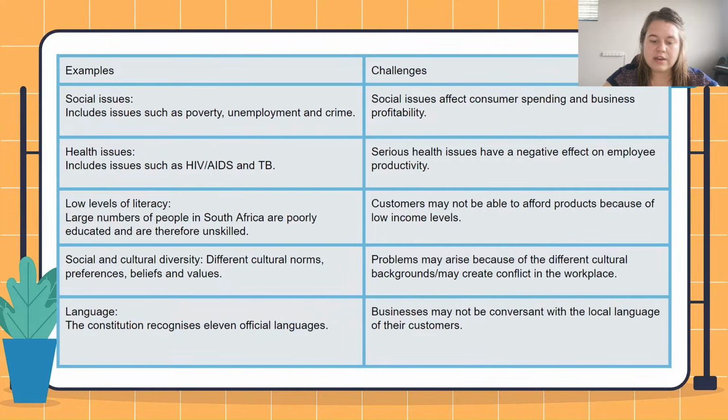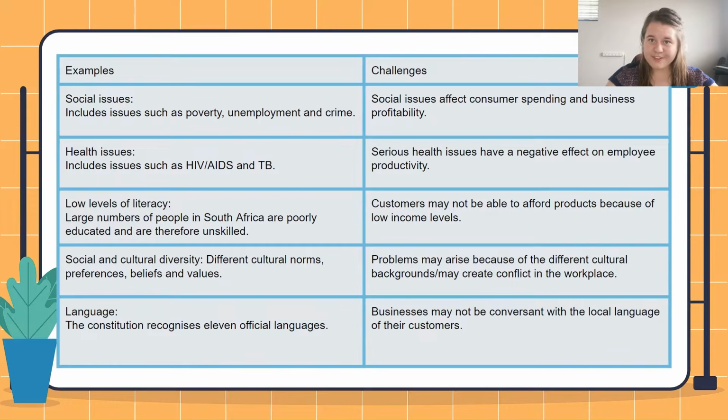Social and cultural diversity. Different cultural norms, preferences, beliefs, and values. Problems may arise because of the different cultural backgrounds, and it may have a conflict in the workplace. So language. The Constitution recognizes 11 official languages. Businesses may not be conversant with the local language of their customers.